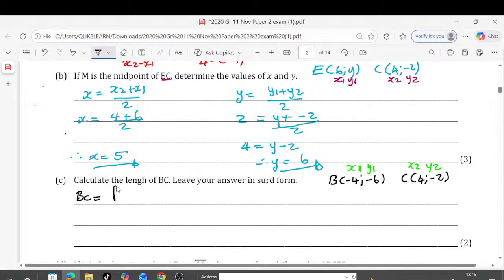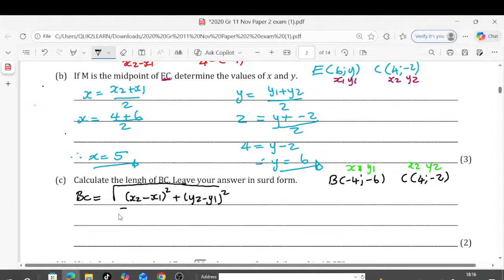BC is equal to the root of, we need to take X2, then subtract X1, this is squared, plus Y2 minus Y1, this is squared.